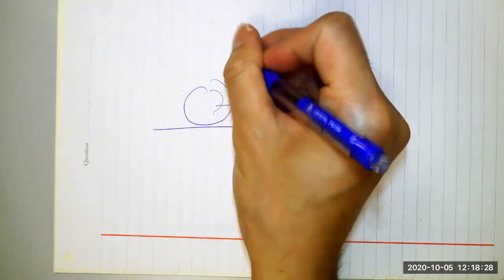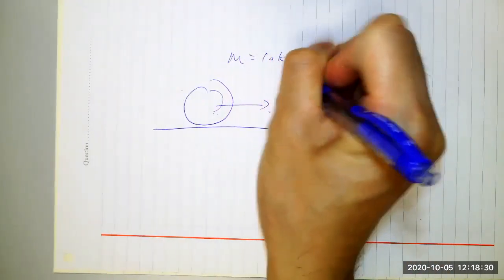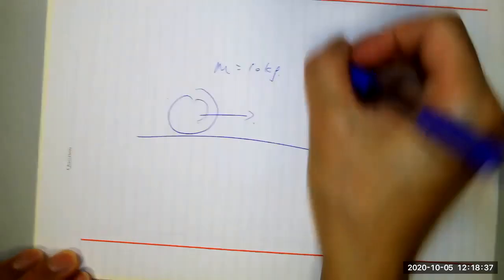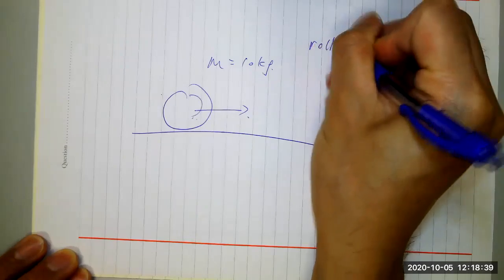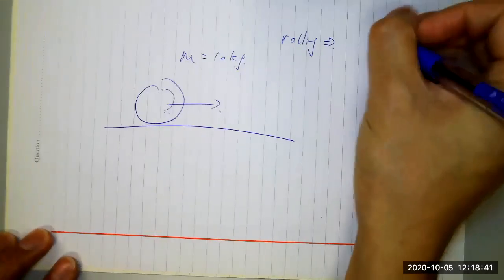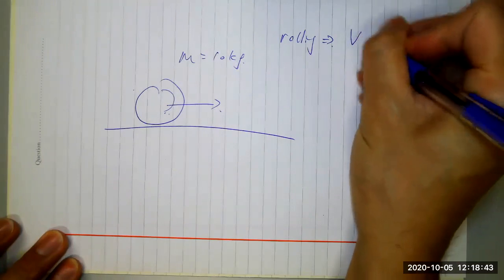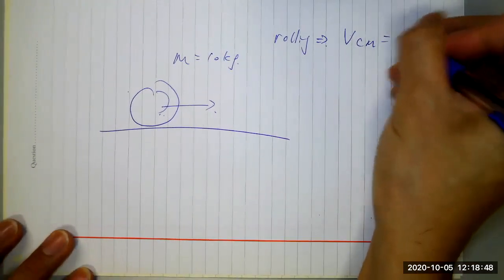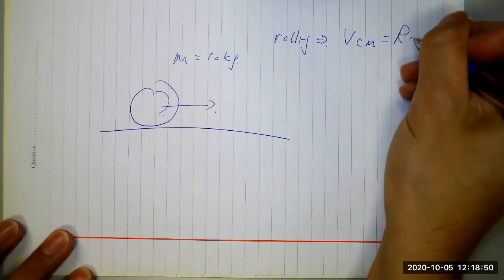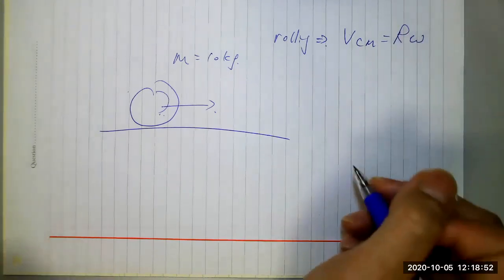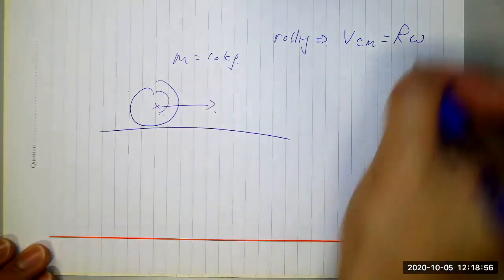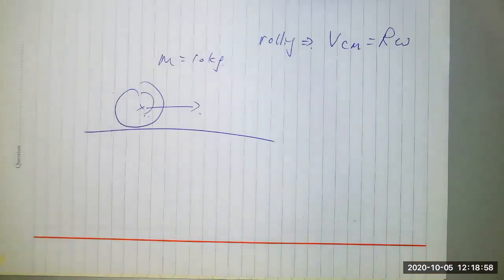It has a mass equal to 10 kg, and it is rolling without slipping. So if it is rolling, then you could relate the linear velocity of the center of mass to the angular velocity of the rolling object by this equation.